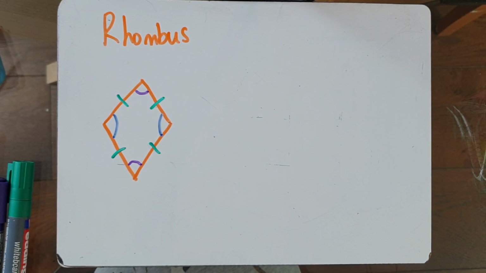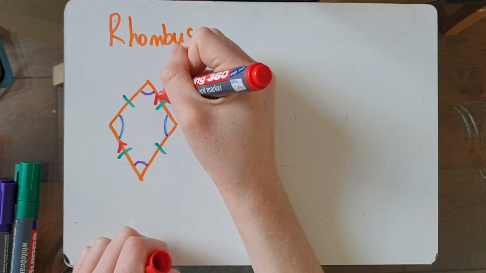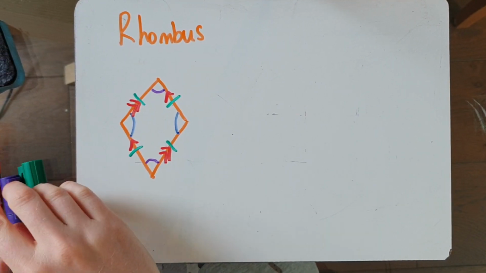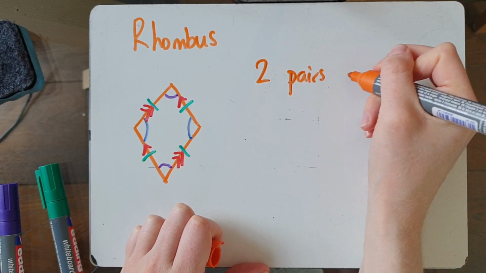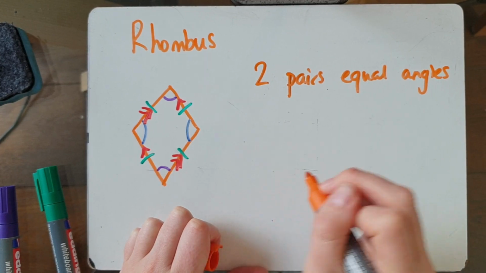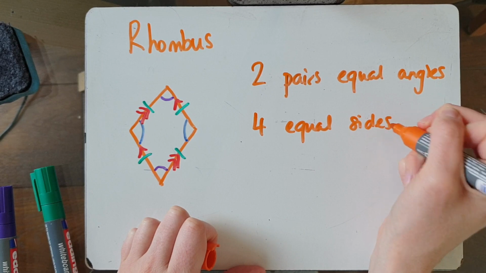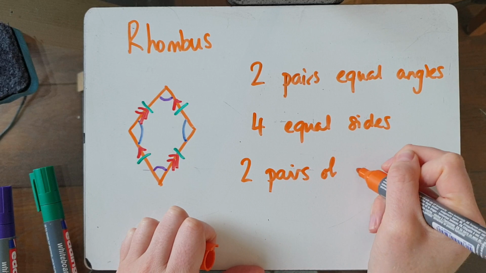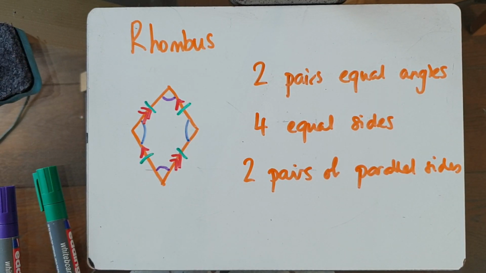It also has 2 pairs of parallel sides. These 2 will be parallel, and these 2 will be parallel. So let's write that out. It's got 2 pairs of equal angles. It has got 4 equal sides, like a square. And it has got 2 pairs of parallel sides. Copy that down, please.